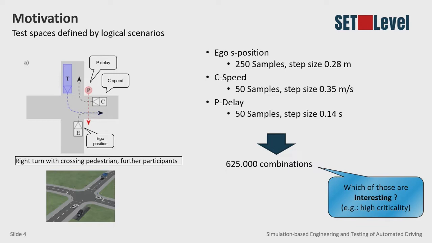And there are even more complex scenarios than this one. And so it gets very interesting to have a higher order procedure which tells us, OK, these are the interesting cases.